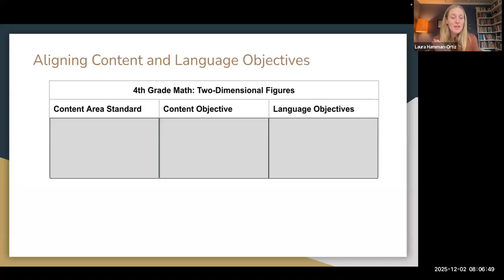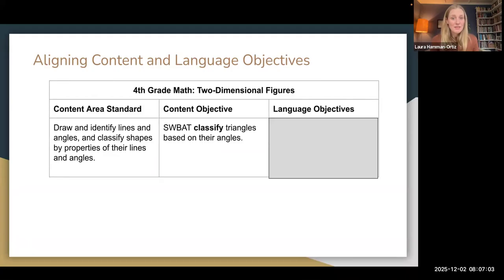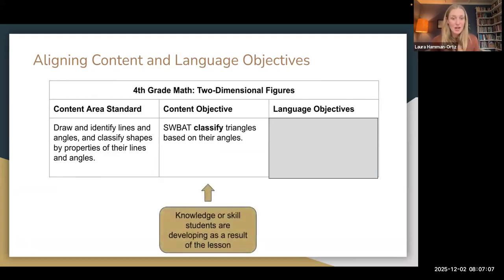Here's another example. Fourth grade math, two-dimensional figures. So the content area standard is draw and identify lines and angles and classify shapes by properties of their lines and angles. Great. The specific objective we're working on this day is students will be able to classify triangles based on their angles. So here we have, again, the knowledge or skill. And so you see it's more specific than the standard. I'm honing in on triangles and the specific way that we're going to be classifying them.